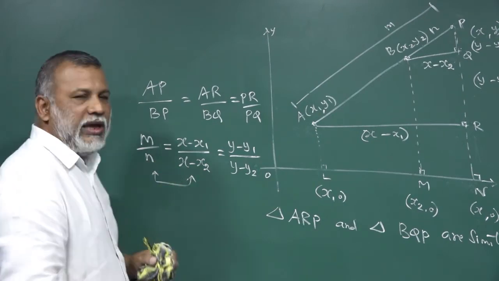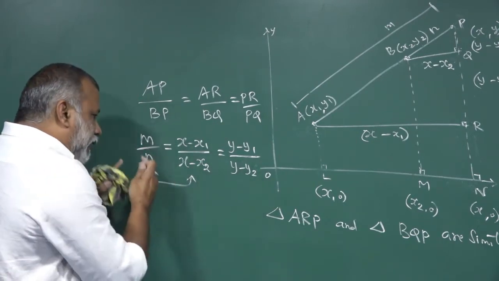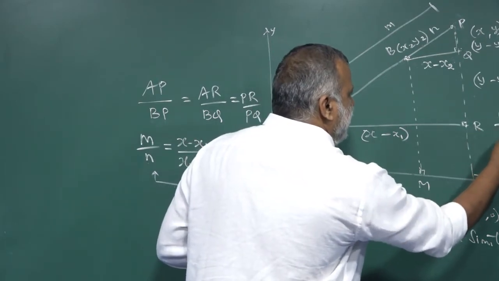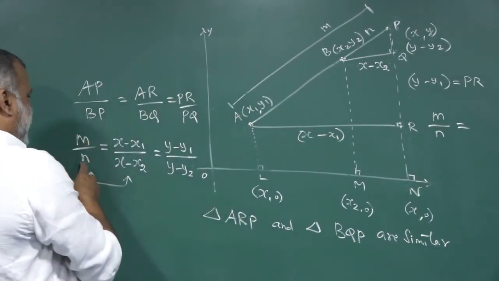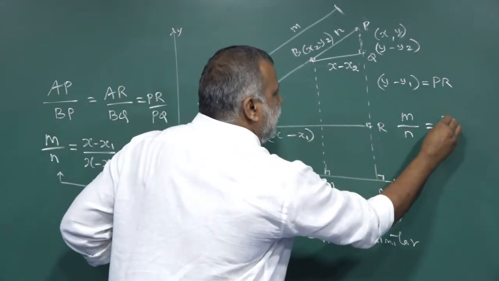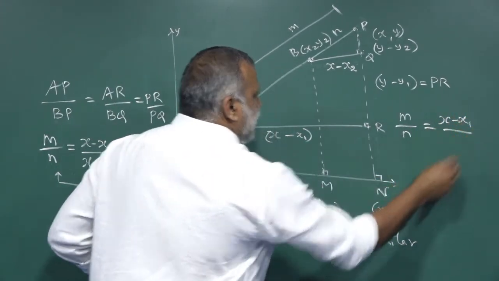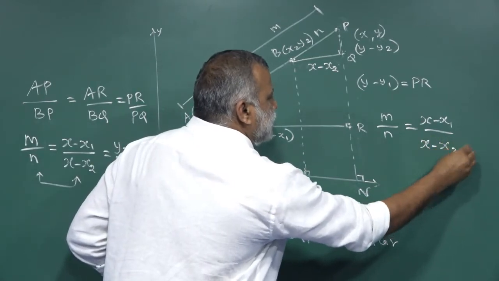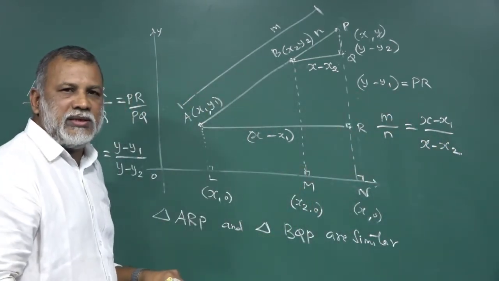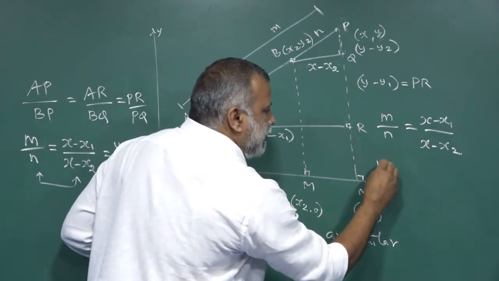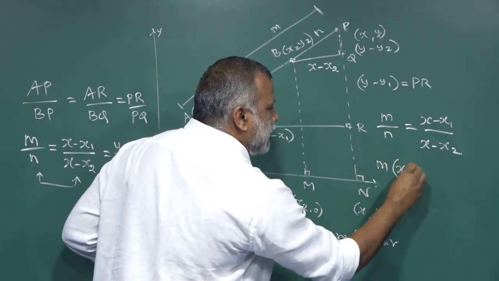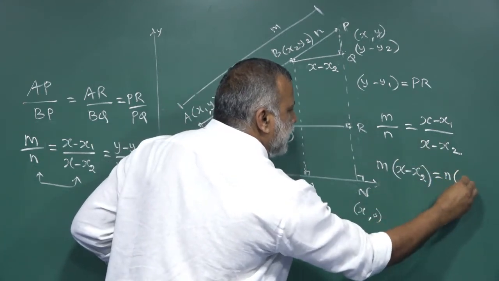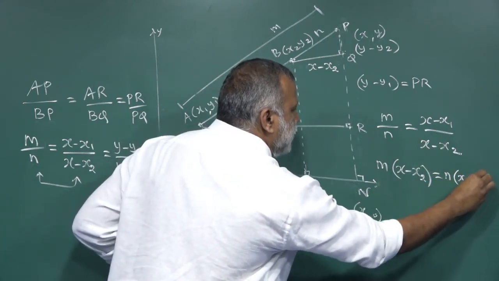Now I can equate these two results. I am writing M by N is equal to X minus X1 divided by X minus X2. We can cross multiply the result. So cross multiplying, it becomes M times X minus X2 is equal to N times X minus X1.